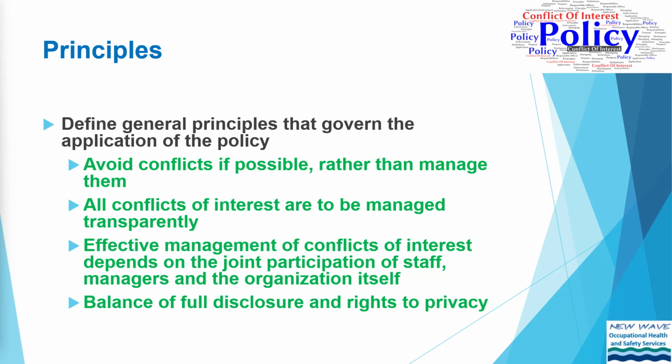Emphasizing the joint involvement of staff, managers, and the organization itself in all conflict of interest issues, and establishing a balance between full disclosure and the right to privacy. You should feel free to modify these principles or add any other principles that you feel are appropriate to your situation.